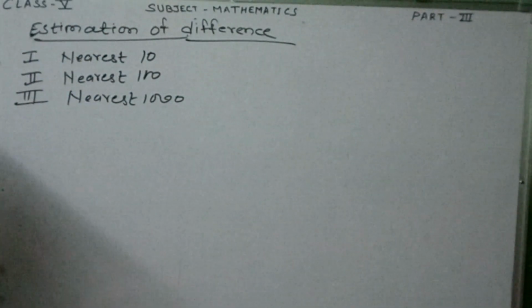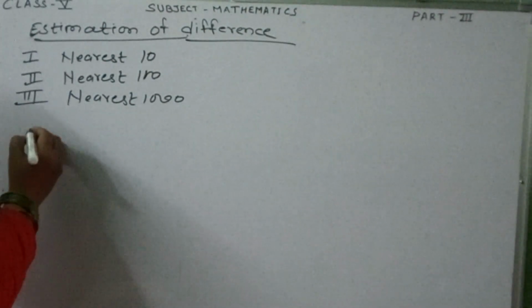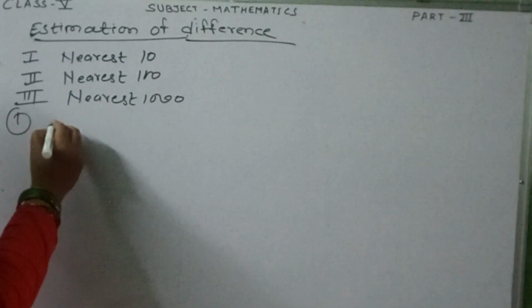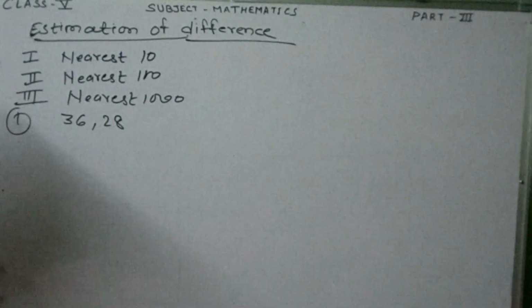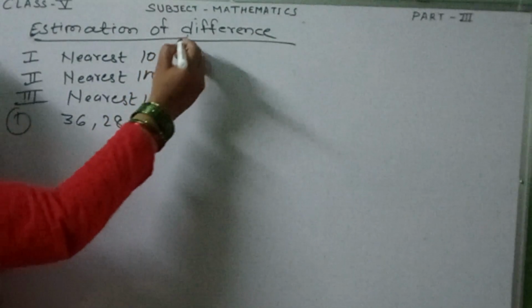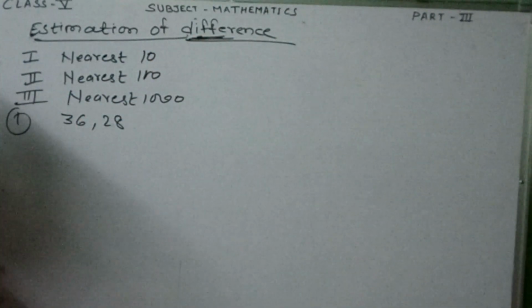Okay, first question, estimation of difference. First example is here. The numbers are 36 and 28. What do we have to find? Estimation of difference. Difference means we have to subtract the numbers.